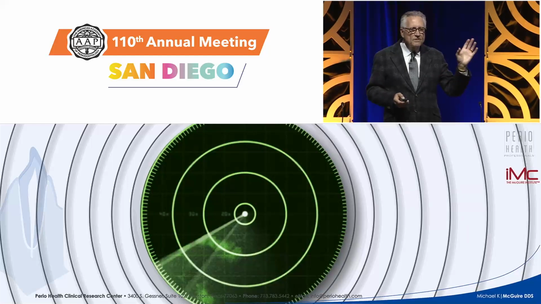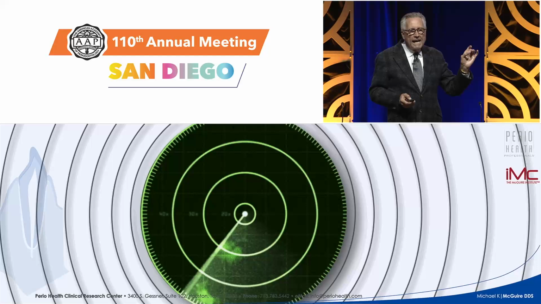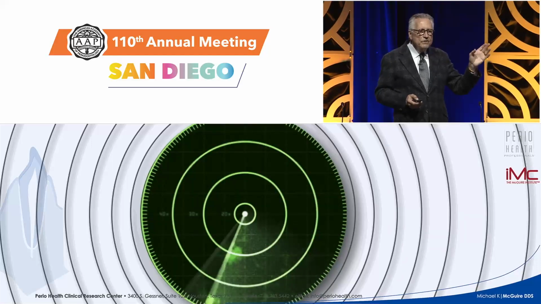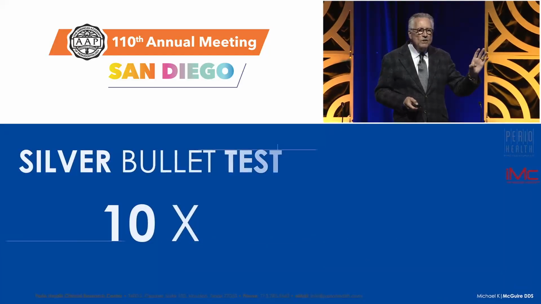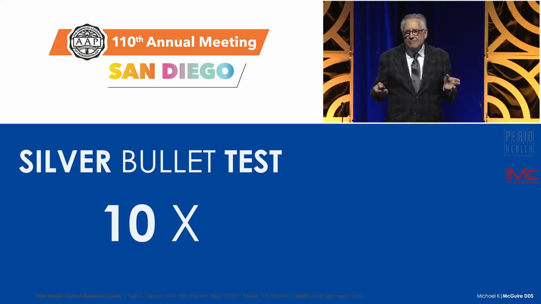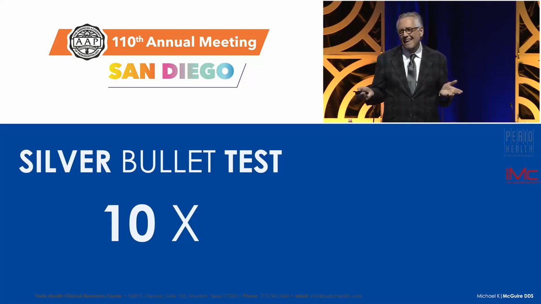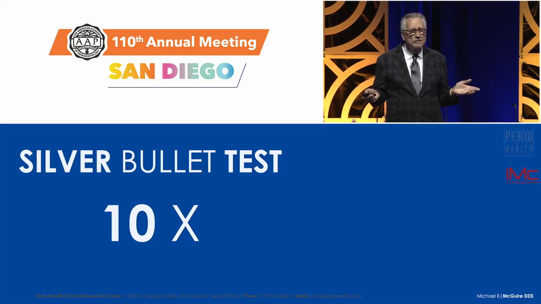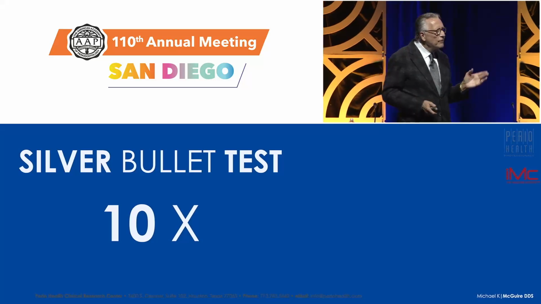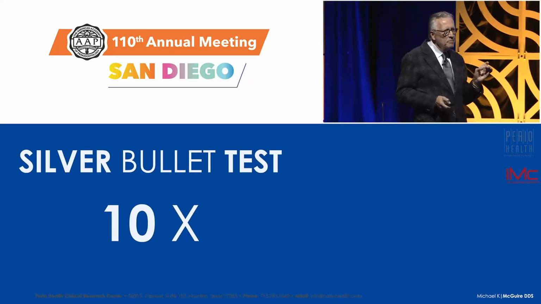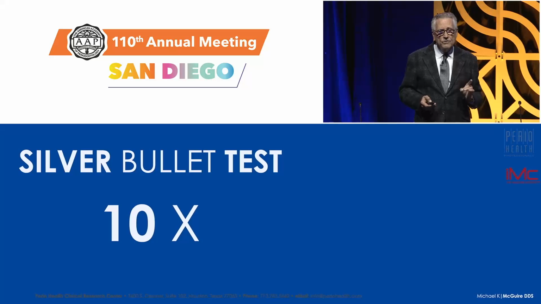You need to avoid the trap of the first version. Even if the first version is not all that good, you need to apply what's called the silver bullet test. And that is, I don't really love this alternative, but if it were 10 times better, what would it be? If you'd say, yeah, I still wouldn't love it, then life's going to go on with another gadget. But if you say, it's not too good today, but if it were 10 times better, I could find a use for this, that would be cool.